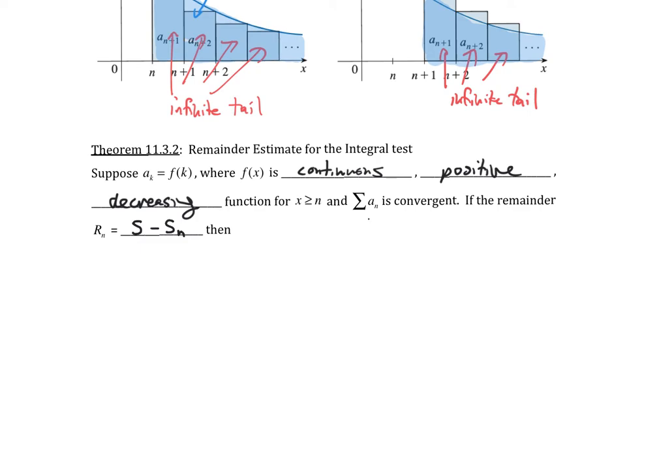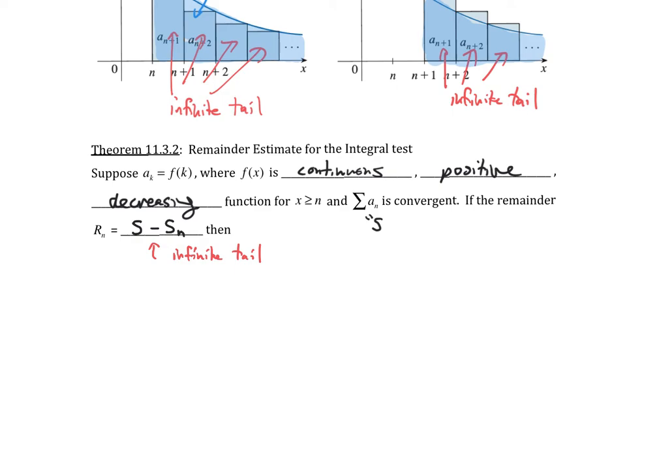In other words, I'm saying this whole series sums to s, like that. And we can really bound this remainder term. Just to be perfectly clear, this remainder term is what I was calling the infinite tail that was described up above, and this is the remainder term of the nth partial sum.